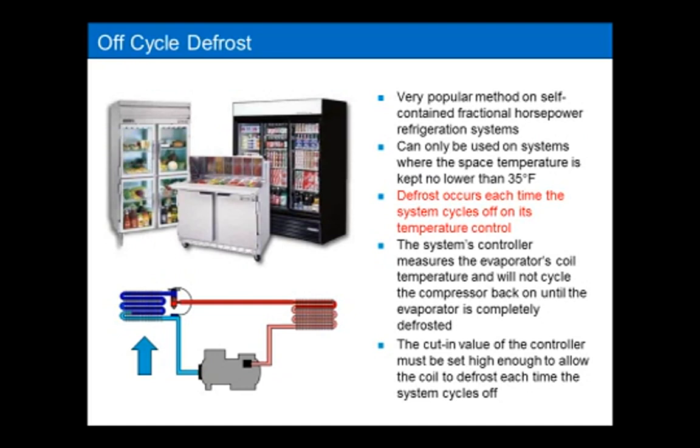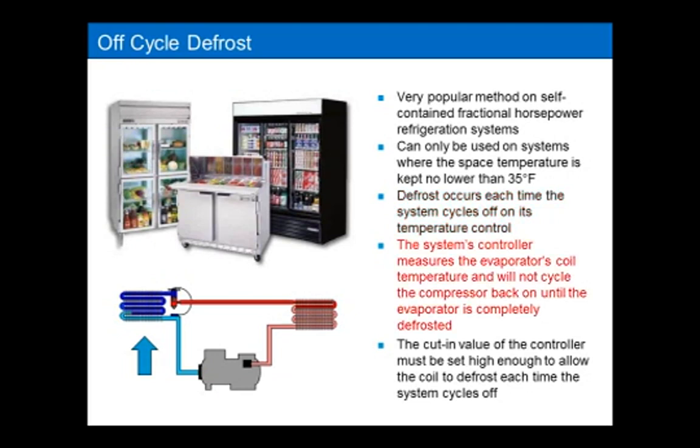So basically, this off-cycle defrost, the name says it all. Every time you go to an off cycle, the evaporator will be defrosted, and the cooling system, the compressor, will not be cycled back on. If everything is working right, the compressor will not be cycled back on until the coil temperature reaches a value where we know that there is no frost left on that coil.